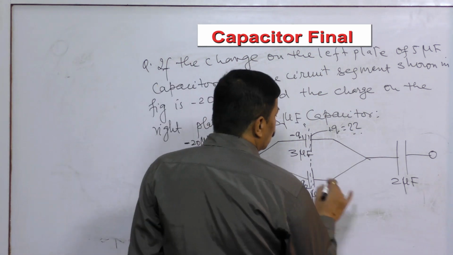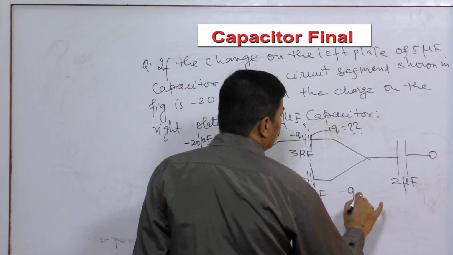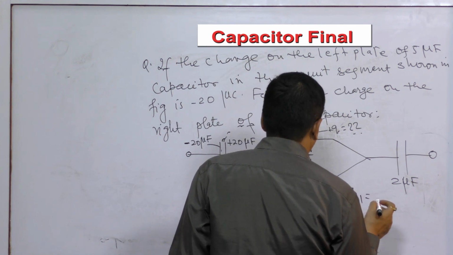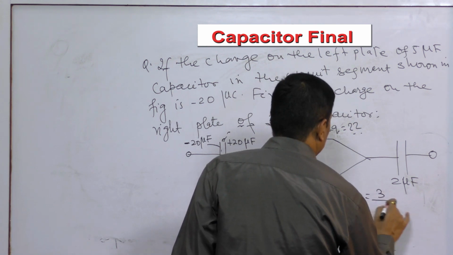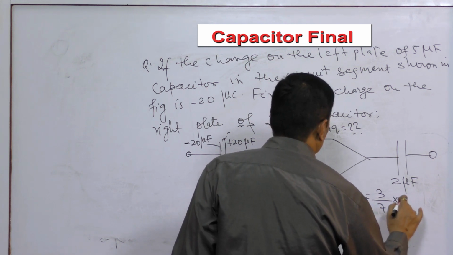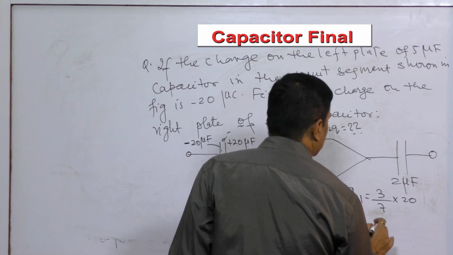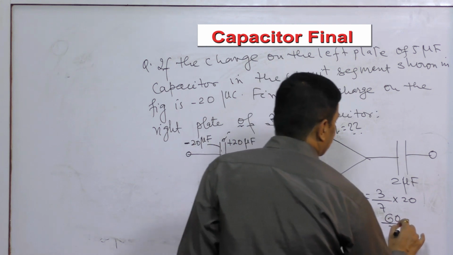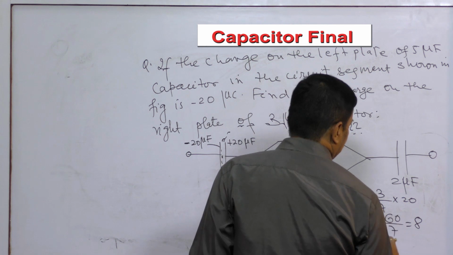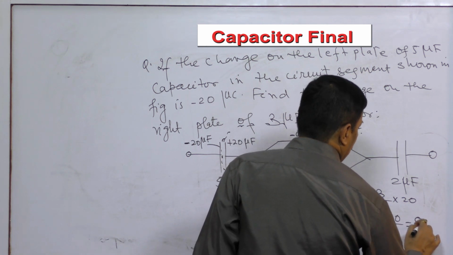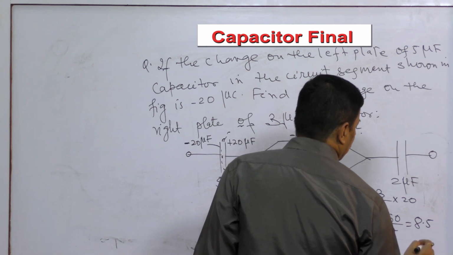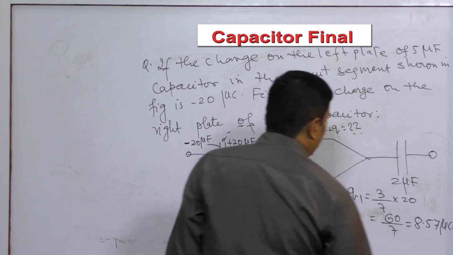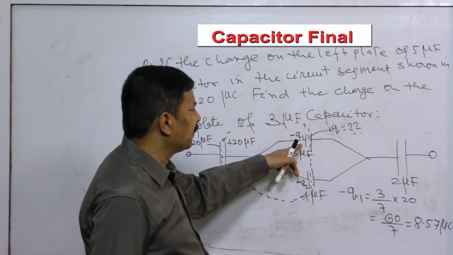So minus Q1 is equal to 3 by 7, 3 plus 4, into 20, that is 60 by 7, that is 8.57 microcoulomb.